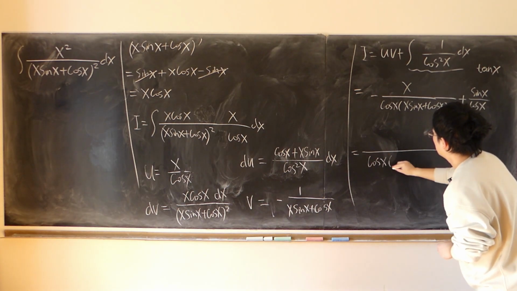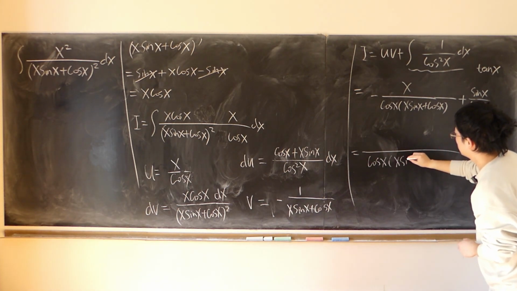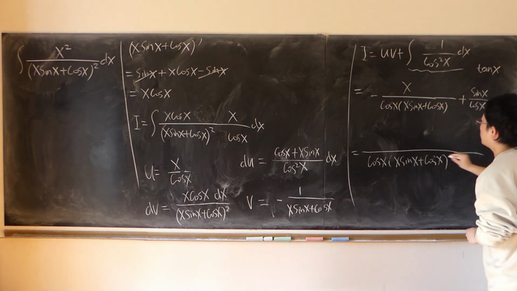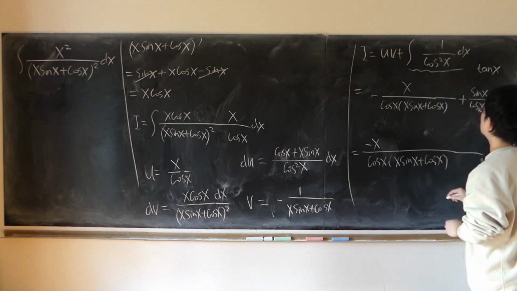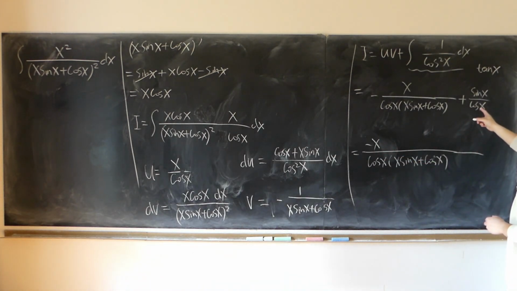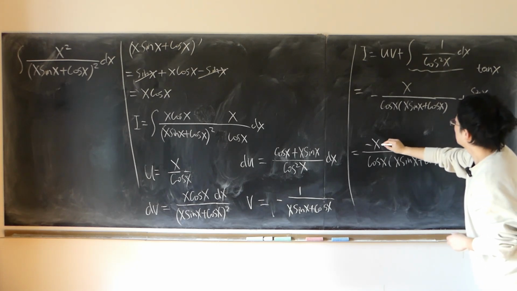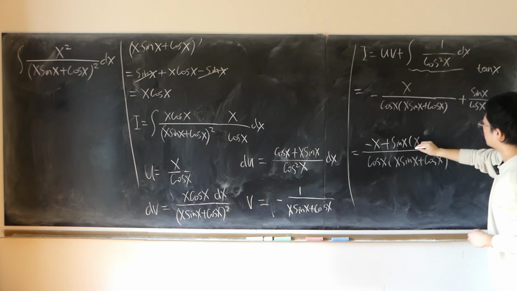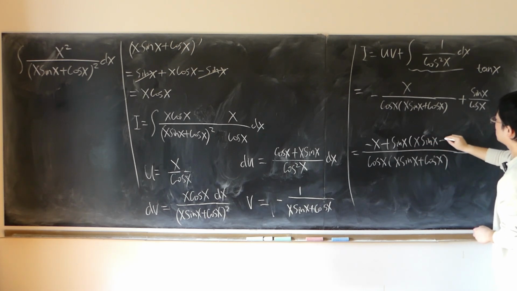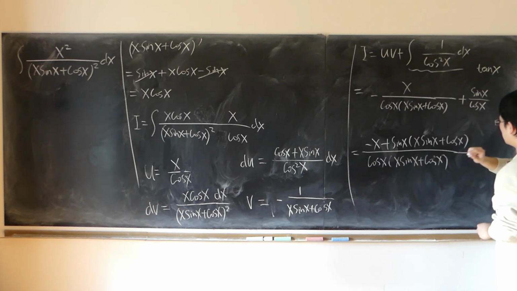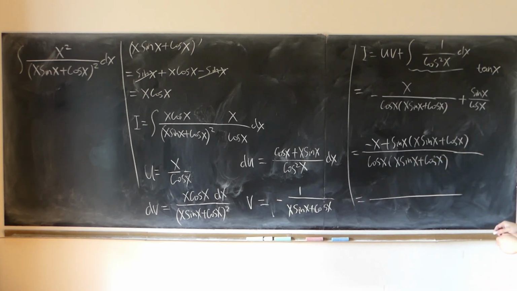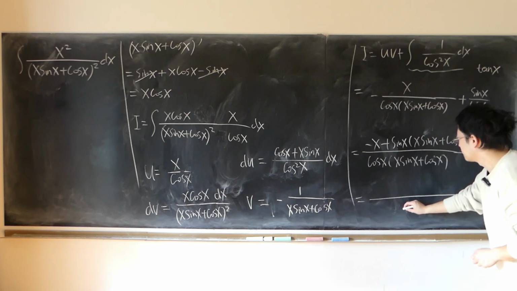Common denominator cosine x is still the same thing, except now I have negative x to begin with, and this should be multiplied by this bit, so sine x multiplied by (x sine x plus cosine x), then plus c later. And what is that? That I can just distribute.